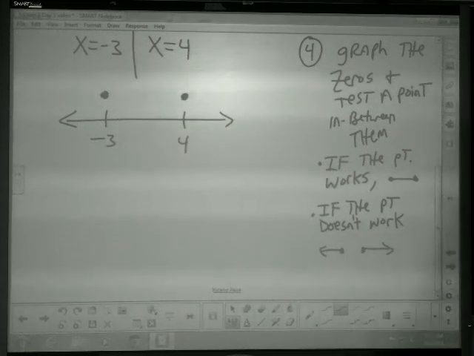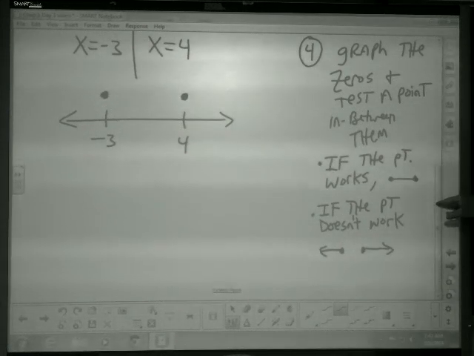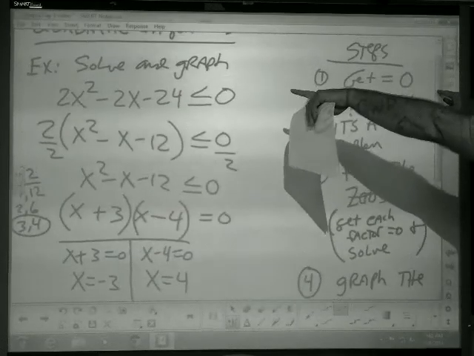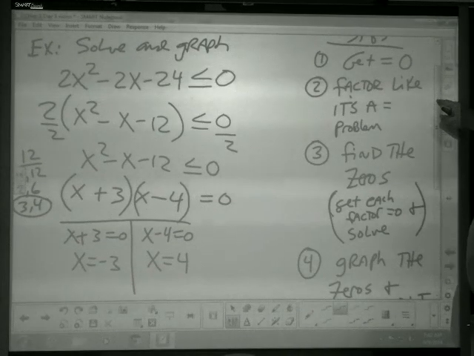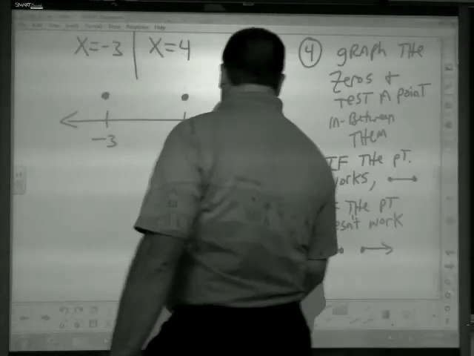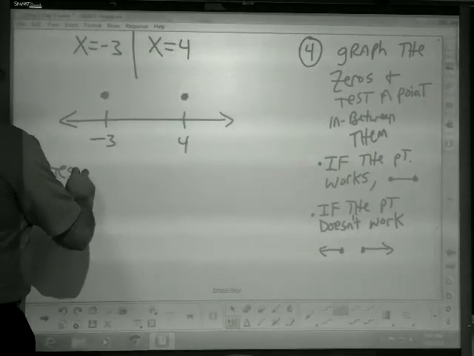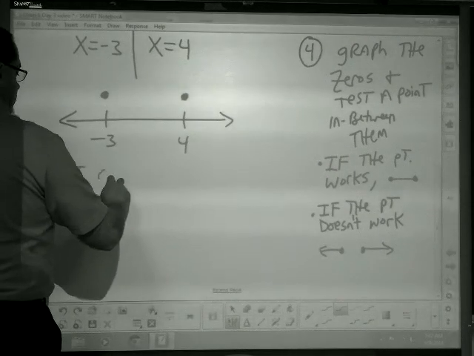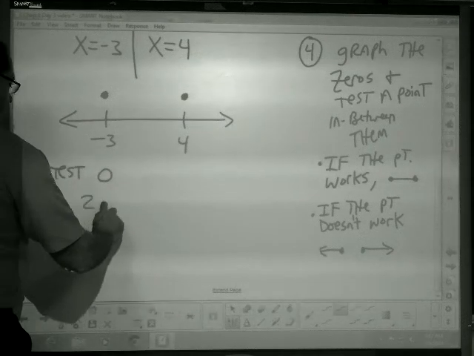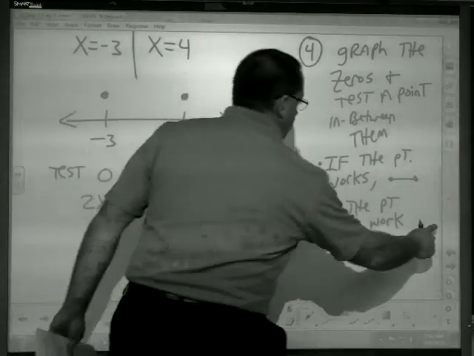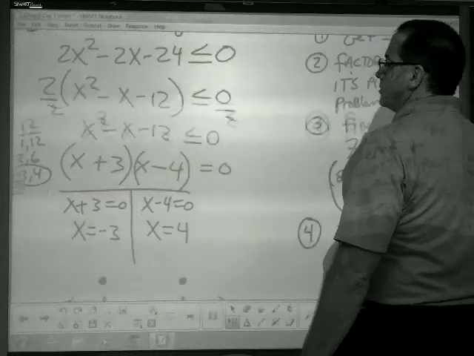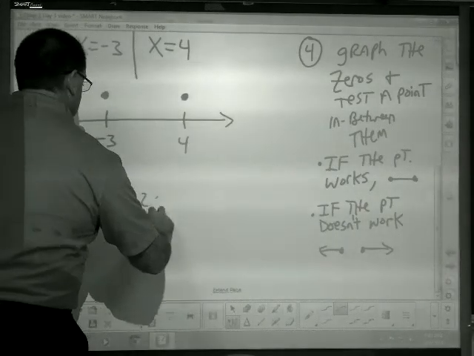So you pick a point. I'm going to pick 0. So I go back up to my original question, 2x squared minus 2x minus 24. So here's my test. I'm going to test 0. So I have 2x squared minus 2x minus 24.